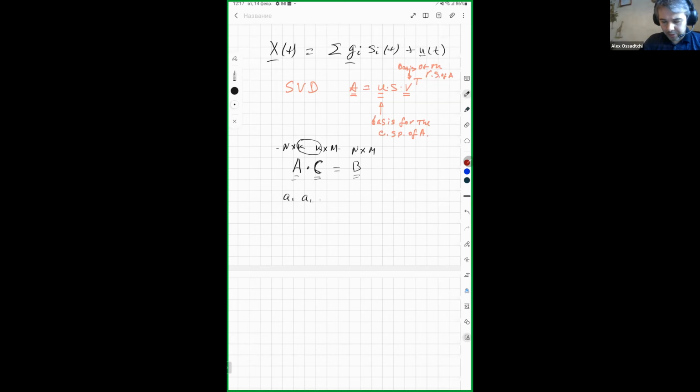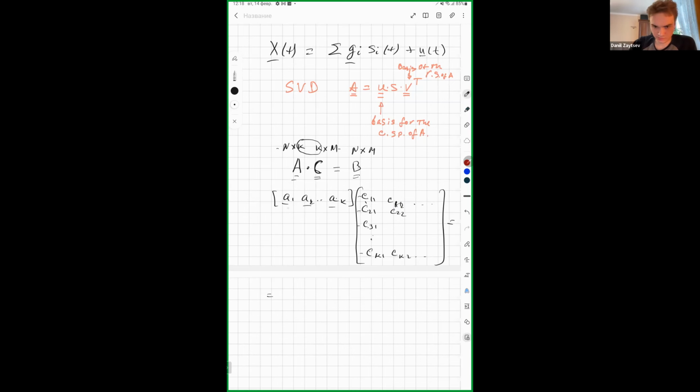Because if I write A like this, with the column vectors A1, A2, up to AK, and I multiply it by matrix C, which I will write now, C11, C21, up to CK1, and then C12, C22, and so on, up to CK2, then in order to get the first column of B, I will take the linear combination of columns of A with these weights, which are the elements of the first column of matrix C, right?